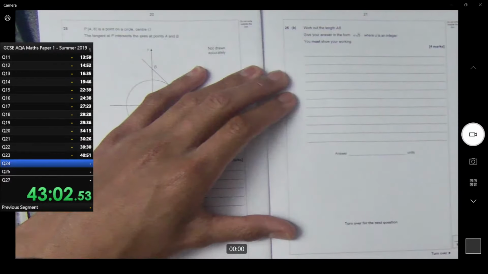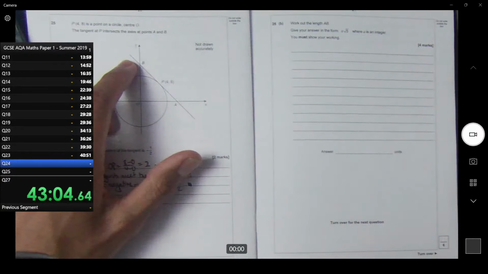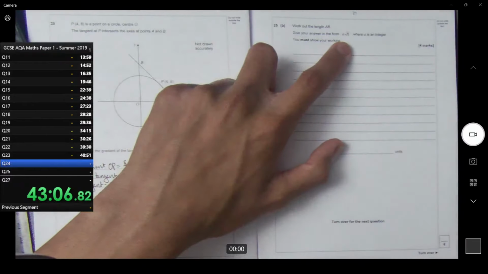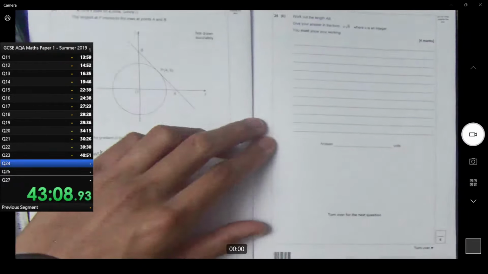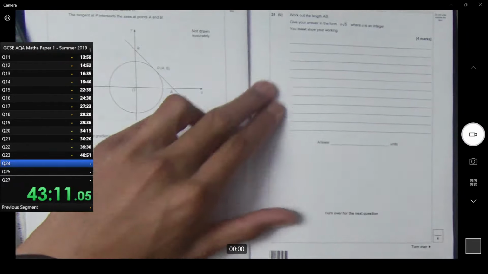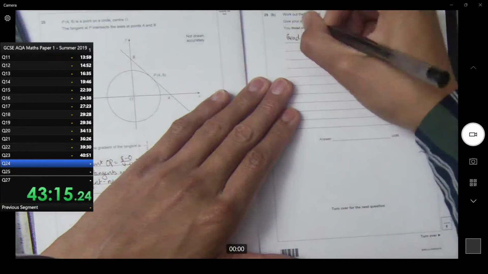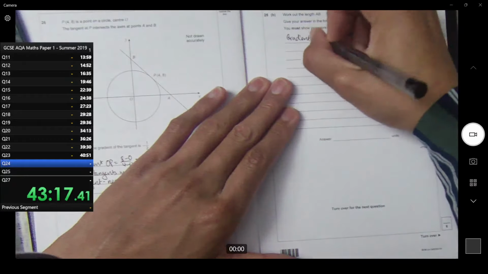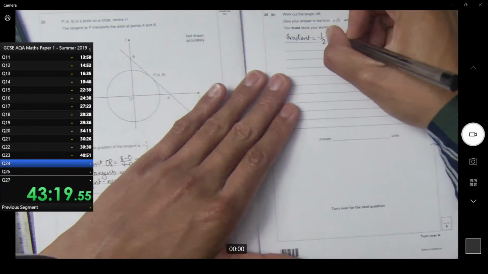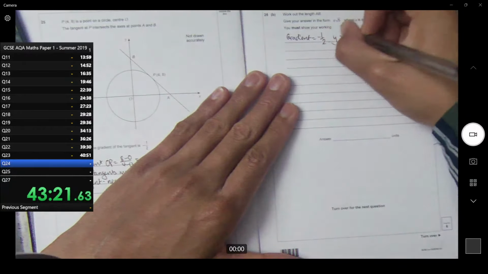Now part B, work out the length AB. Give your answer in the form a root 5 where a is an integer. So we know the gradient is minus a half, so we're going to form an equation.